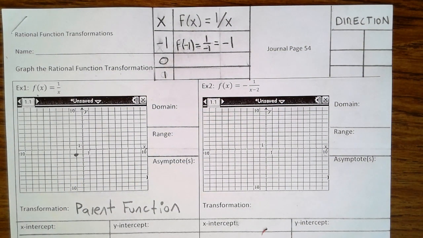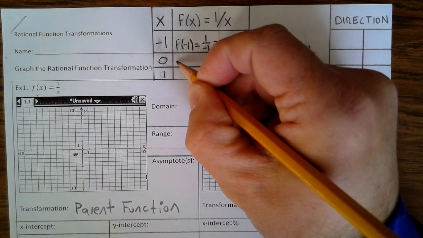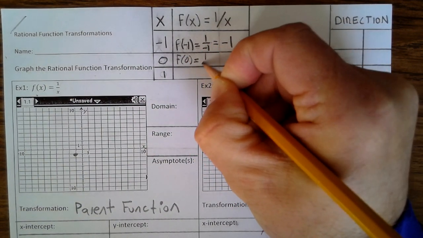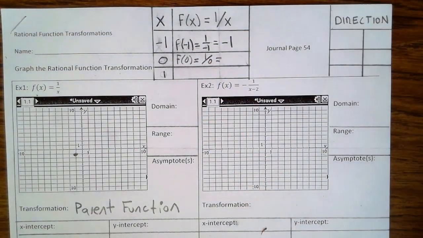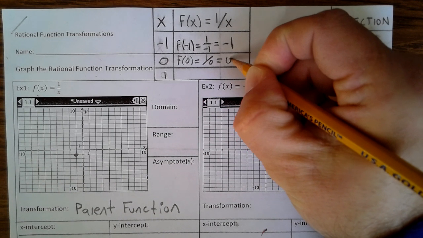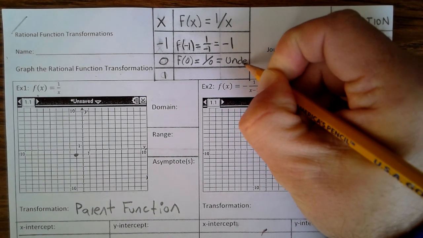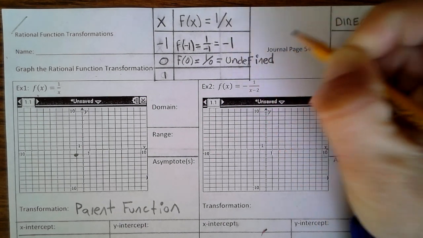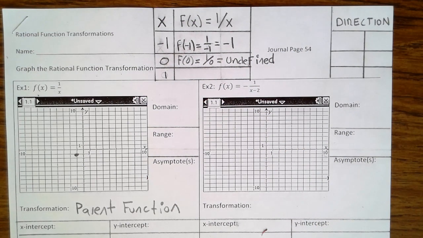Now f of 0 is 1 divided by 0, which is undefined. That means you have an asymptote at x equals 0.